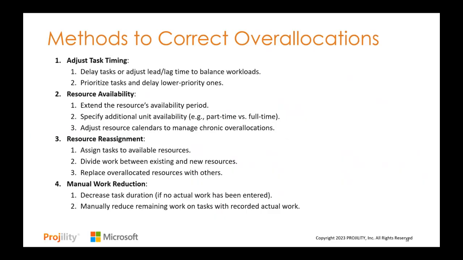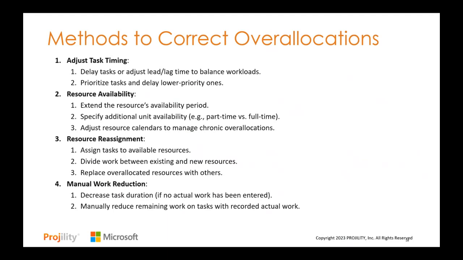If you cannot adjust the task timing, then you have the option of updating the resource availability. So extending the availability period, or you can specify additional unit availability. We have assigned our resources to that task with their default assignment unit. So in Deborah's case, that's 100%.